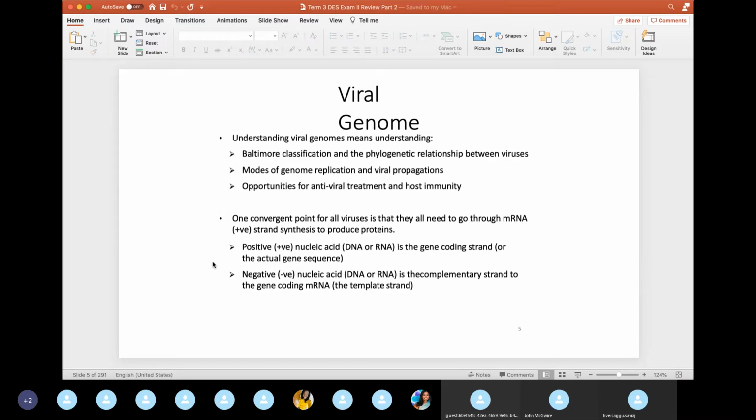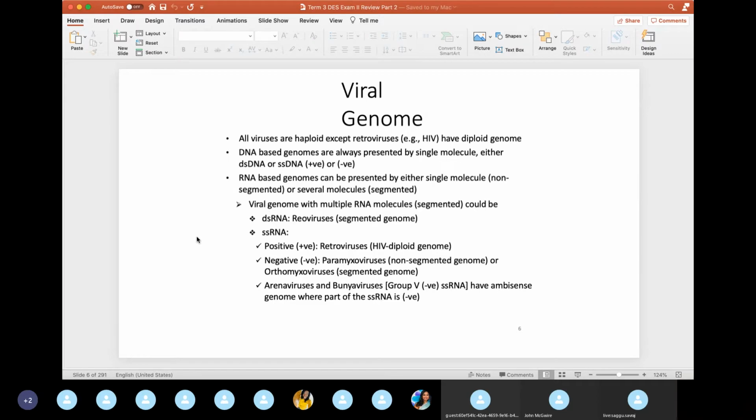Positive, specifically positive single-stranded RNA. Why? It can be directly used to make mRNA, so that you can have proteins. Contrast this with negative sense, where you need to do reverse transcriptase. So high yield: positive sense is the most infective of them all, most deadly.